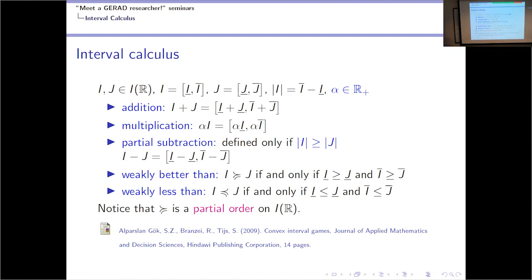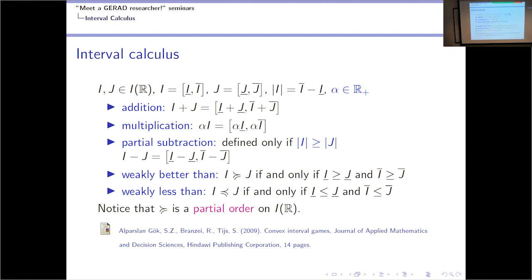This is the lower bound of I, this is the upper bound of I, and this is the length of I, which means the upper value minus the lower value. This is how you can add two intervals, and this is how you can multiply an interval with a constant. And this is the partial subtraction operator, which was introduced by Alparslan-Gök, Brânzei, and Tijs in 2009.